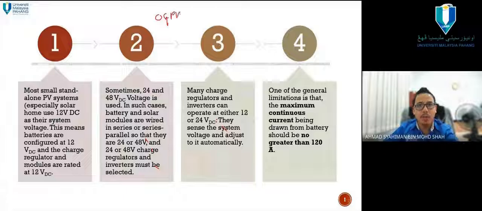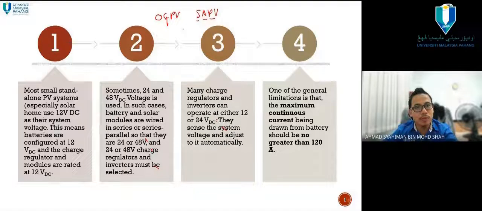OGPV, not OPV, but the OGPV, off-grid photovoltaic, or SAPV, stand-alone photovoltaic, any of them is fine. Okay, we have learned about the energy demand and so on. So I just continue from there.